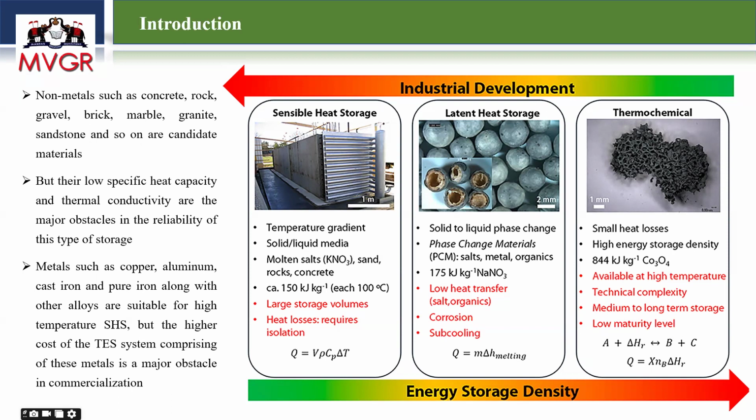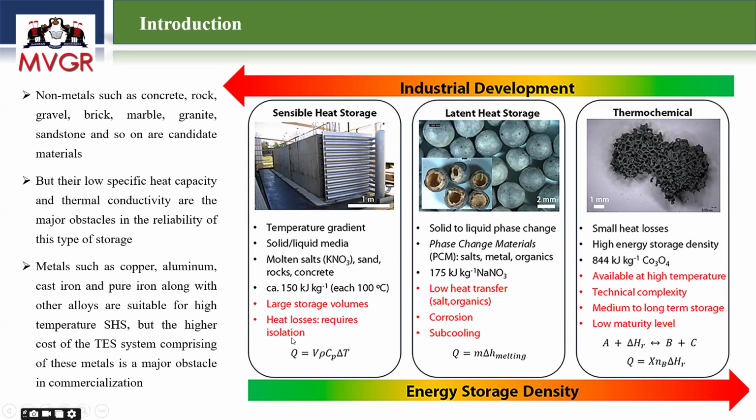So I can simply send this hot water or hot steam into the sensible heat storage system, and it will be absorbed in sensible heat form. We know that sensible heat is nothing but m Cp delta T, so Q is equal to m Cp delta T.